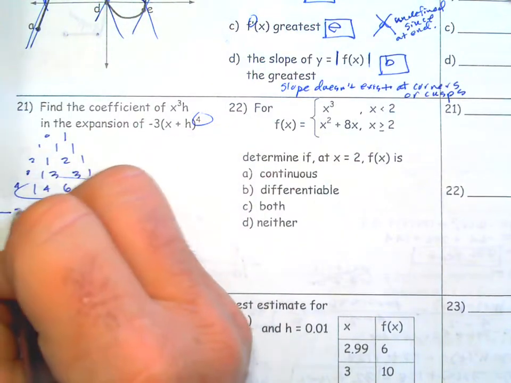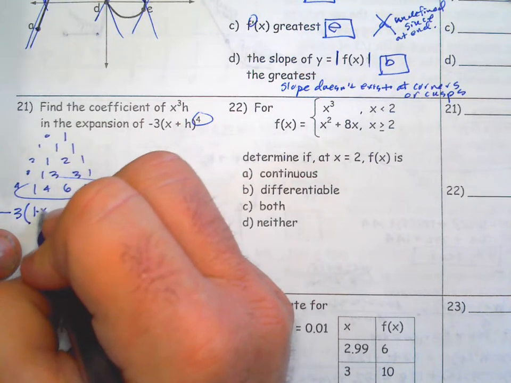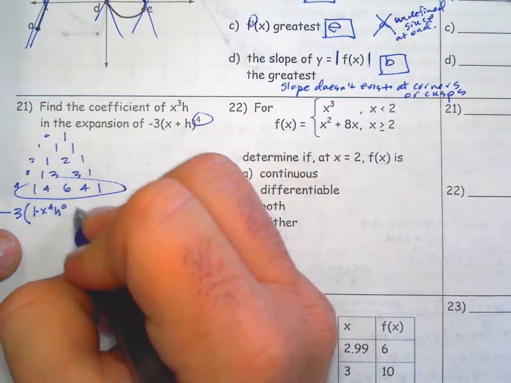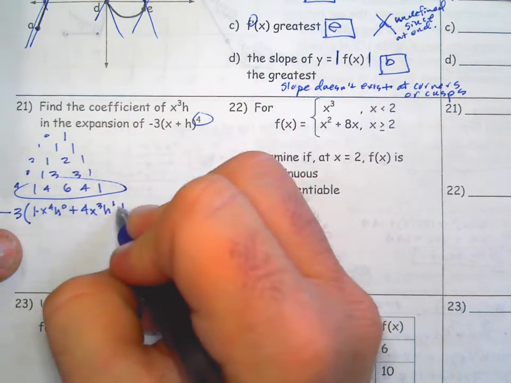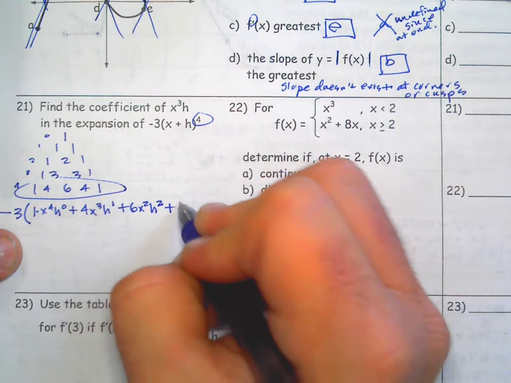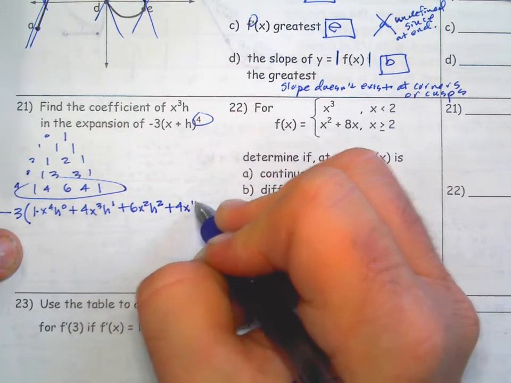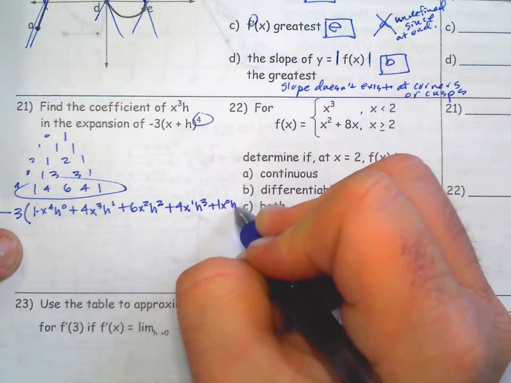There's a negative 3 in front of everything. I'm going to put everything else in parentheses. So it's going to be 1 times x to the fourth, h to the 0, plus 4 times x to the third, h to the first, plus 6 times x squared, h squared, plus 4 times x to the first, h to the third, plus 1 times x to the 0, h to the fourth.